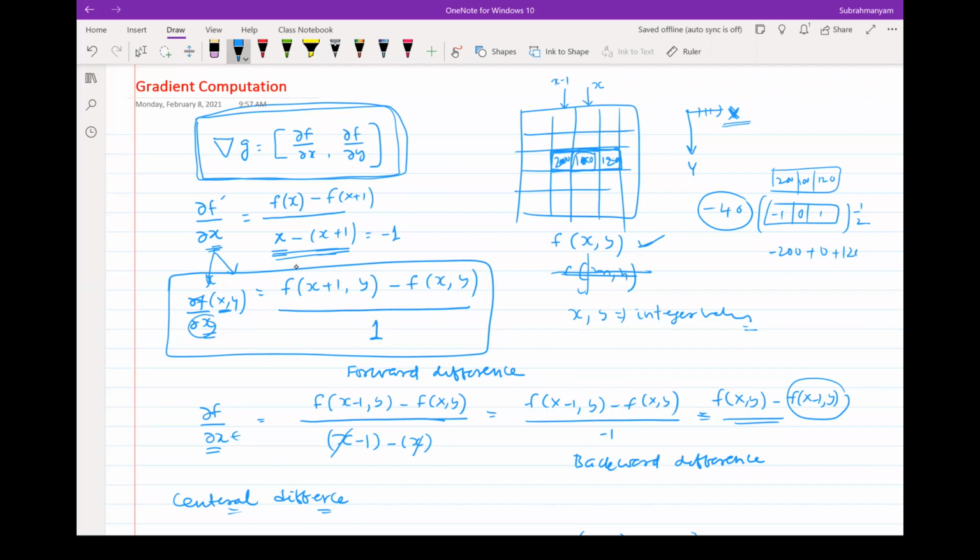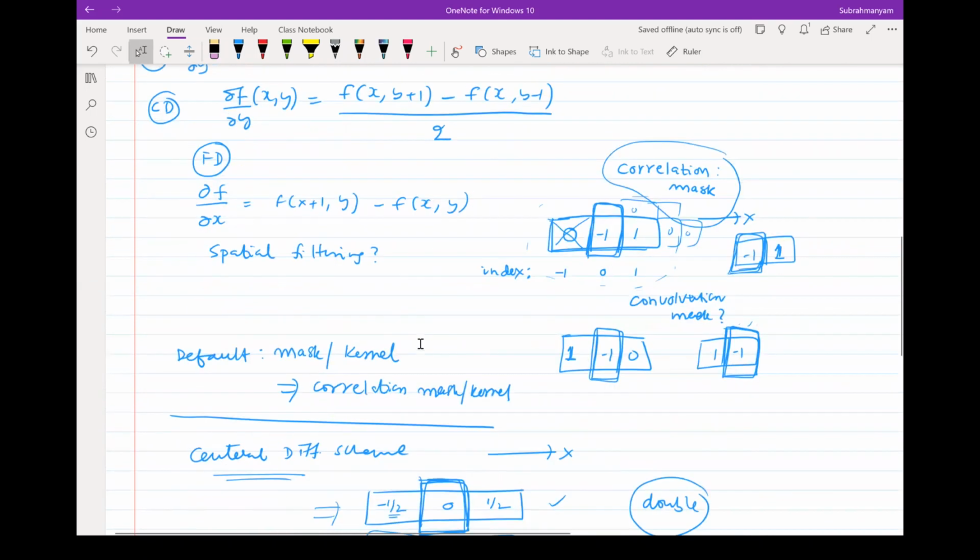Plus 120, whole multiplied with 1 by 2. So this is -80 by 2, that's equal to -40. Correct. So I'm sure you all now realize that your assignment is already uploaded, which already has these gradients. So you would realize that you in fact have -40 also. So you do a simple normalization.